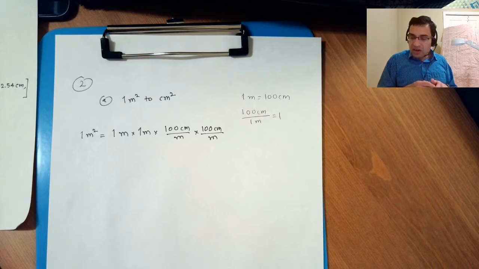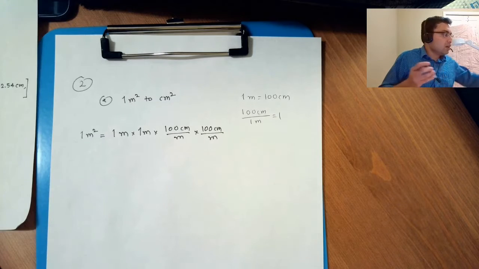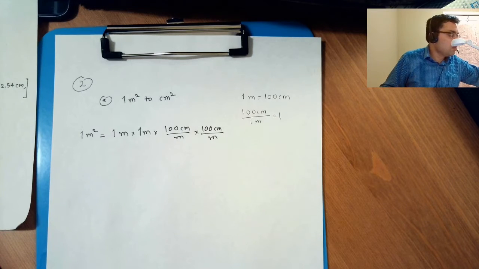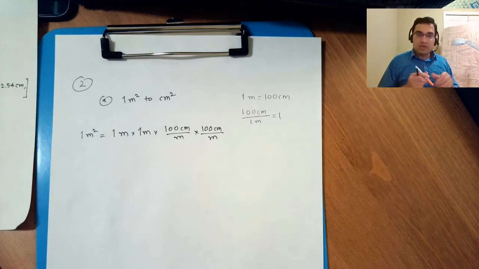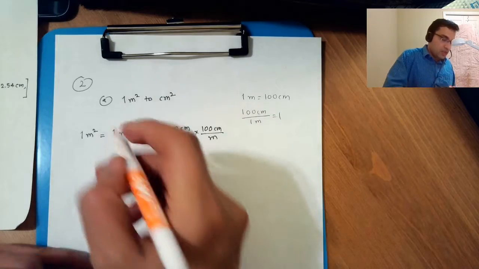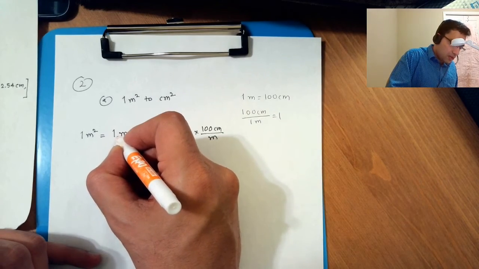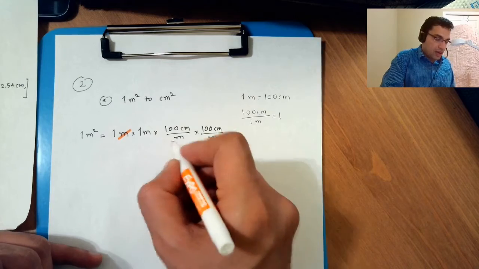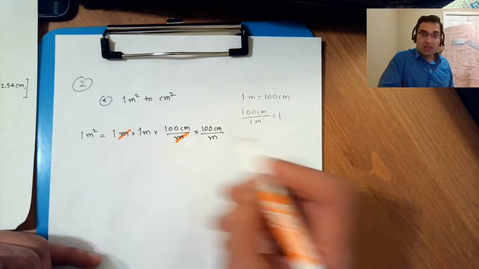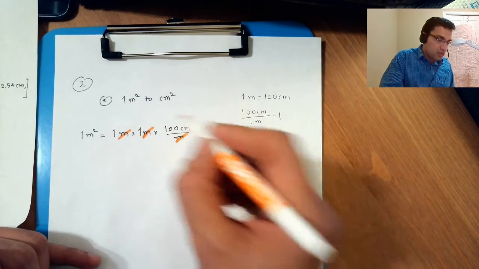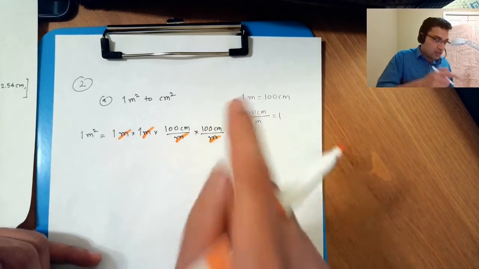All right, so let me see if I have a red pen here. Maybe I can use this orange one. So this meter and this meter can cancel, numerator and denominator, and what's left here is centimeter squared.